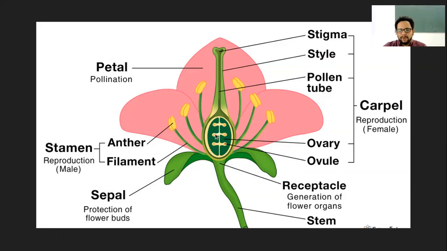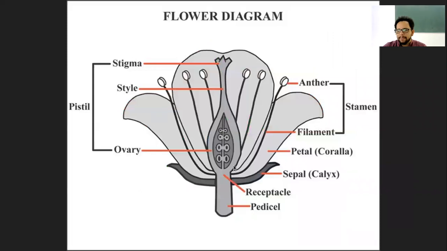Even in this structure, you can see the length of the filament varies based on where they originate from, and this is your anther, and the filament, and collectively the stamen. The reason I am showing you different flowers is that the arrangement might be slightly different in different flowers.